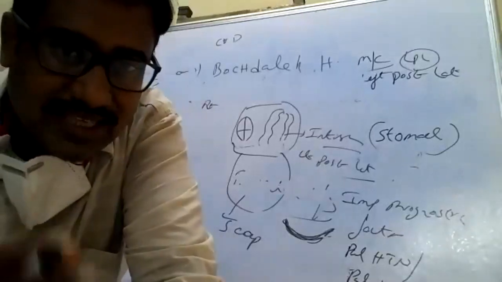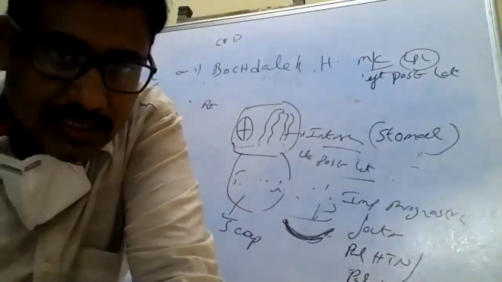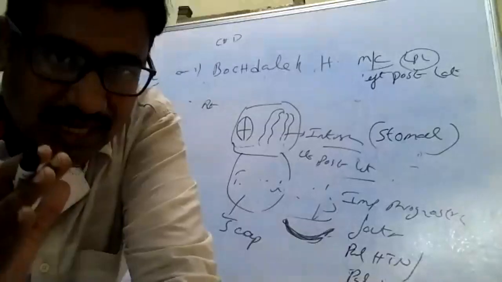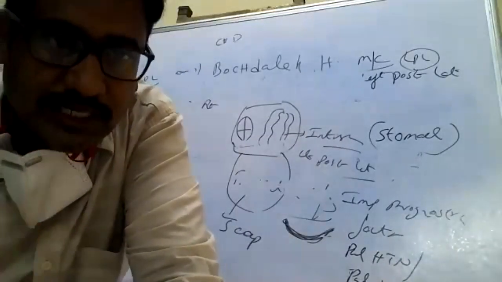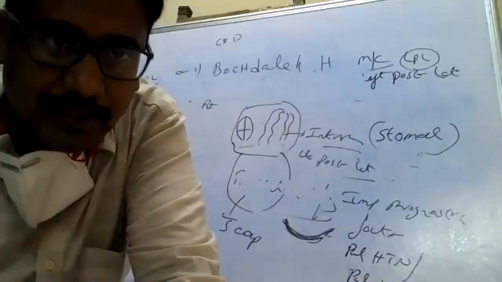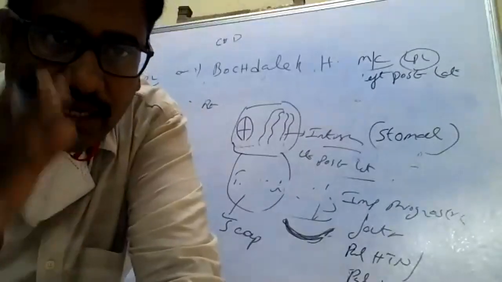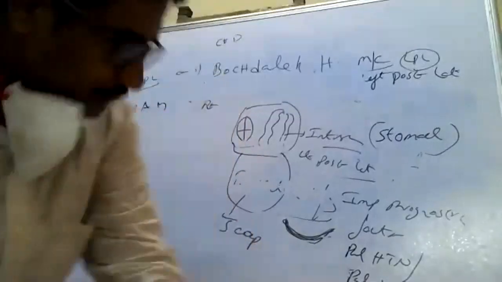The answer is pulmonary hypertension or pulmonary hypoplasia, which determines the survival of the baby in congenital diaphragmatic hernia. Okay.